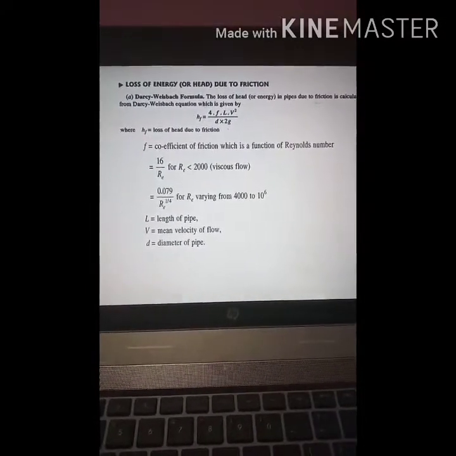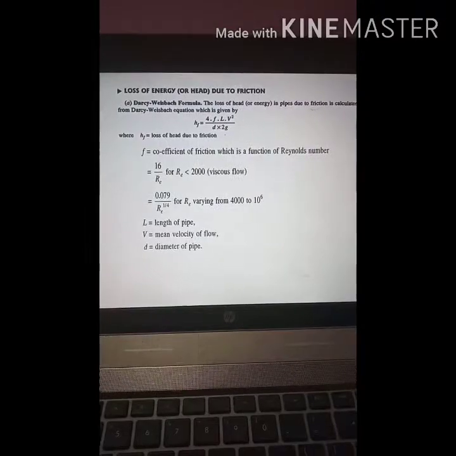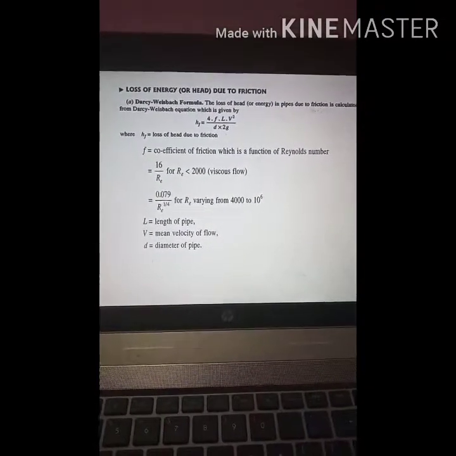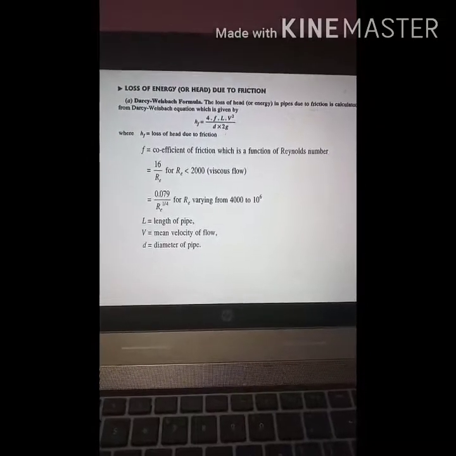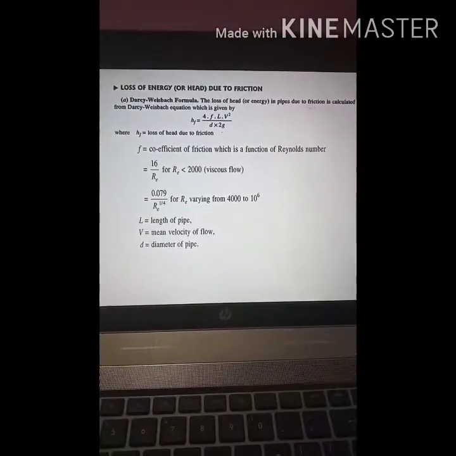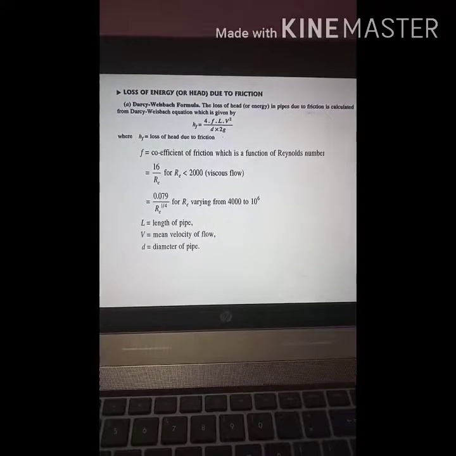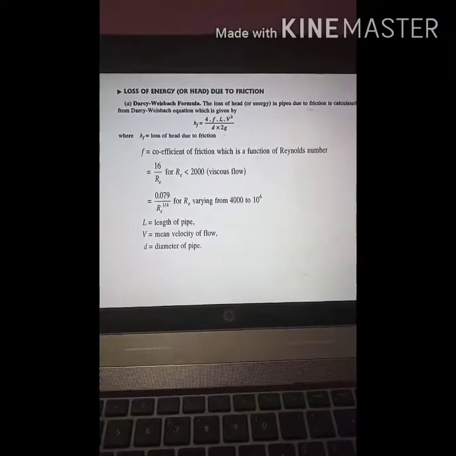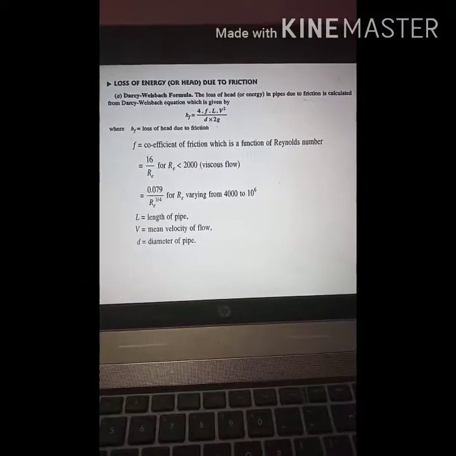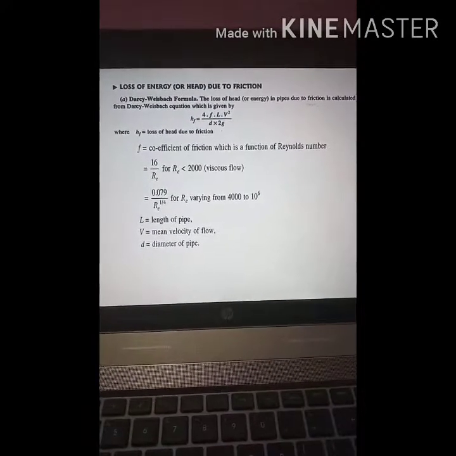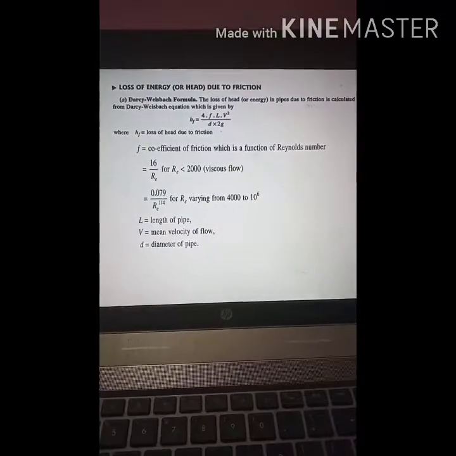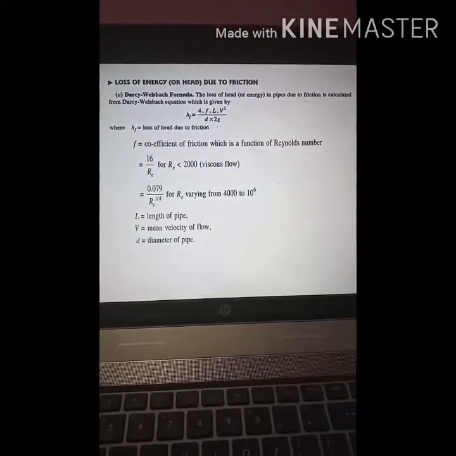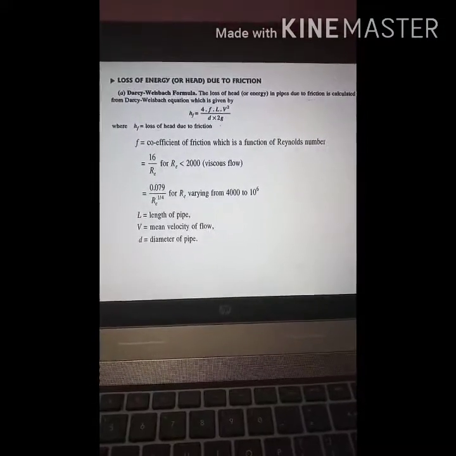Remember, the Reynolds number should be greater than 4000 for turbulent flow. So it is very simple to calculate f based on the Reynolds number. For that, first you have to calculate the Reynolds number. We have already seen that the Reynolds number for a pipe is calculated as rho Vd by mu. Put the value of the Reynolds number, whether laminar or turbulent, in the given formula, and you will get the value of small f.